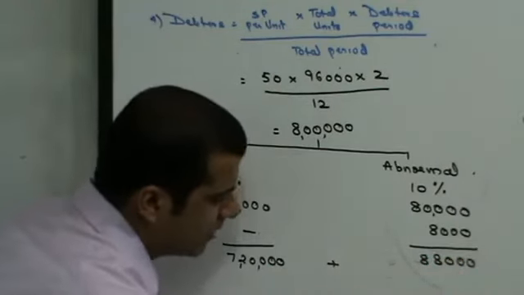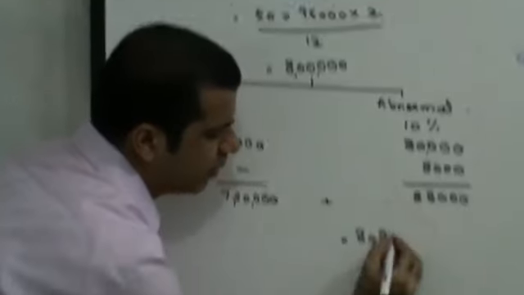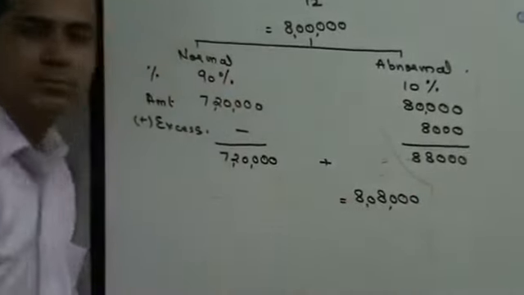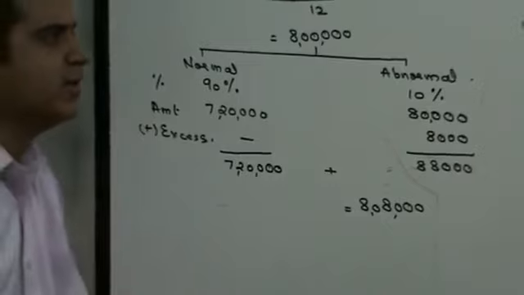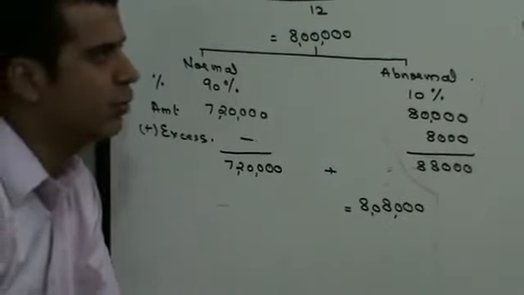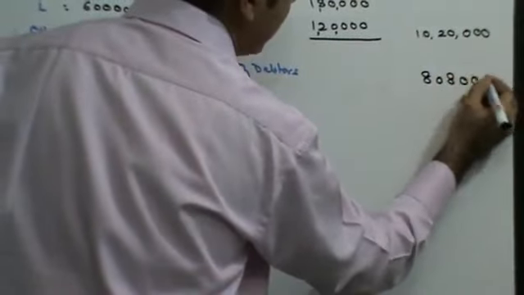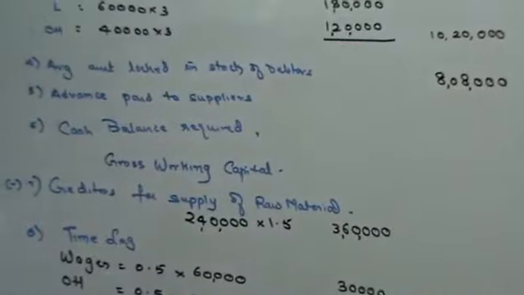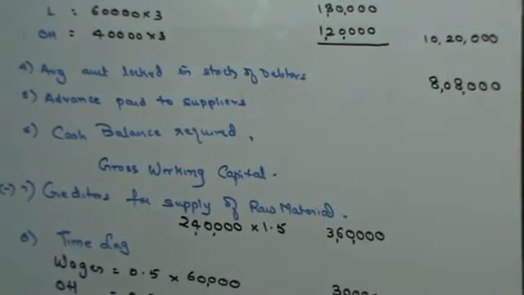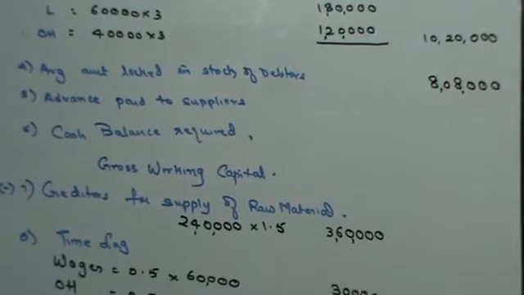So my total sales for debtors is going to be 8,08,000. So debtors, instead of being 8 lakhs, is going to be 8,08,000.